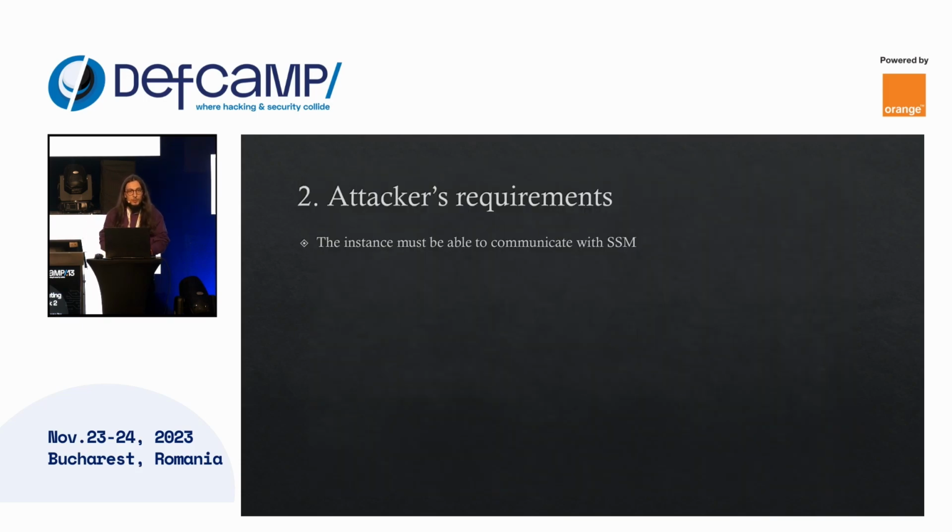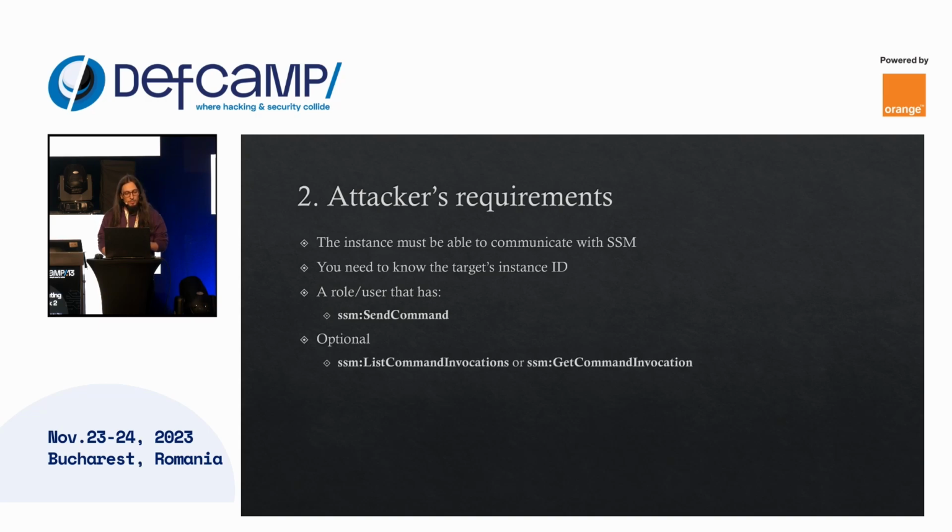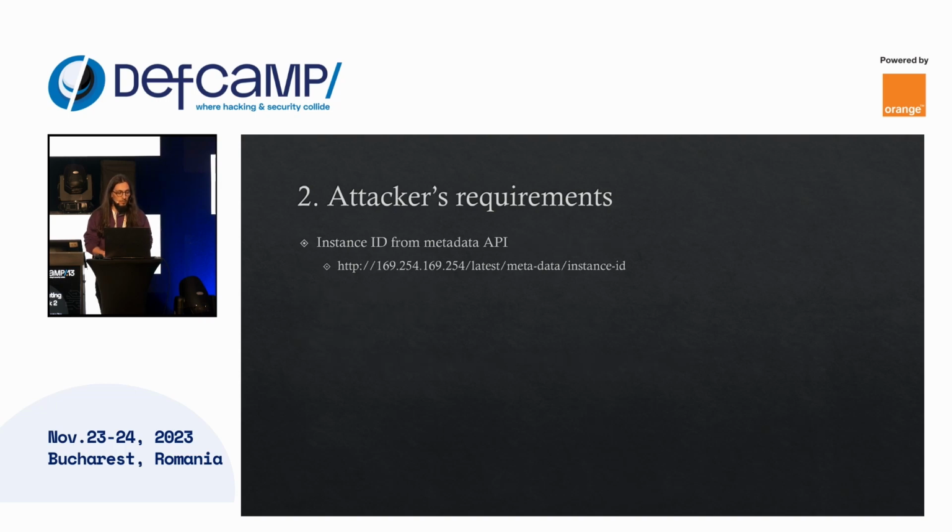From the attacker's perspective, you need to have some requirements. The instance you are targeting should be able to communicate with this service called SSM. You need to know the target instance ID, and you need to have this permission, SSM send command. And optionally, you need to have one of these permissions just if you are interested in getting the output of the command, but it's optional.